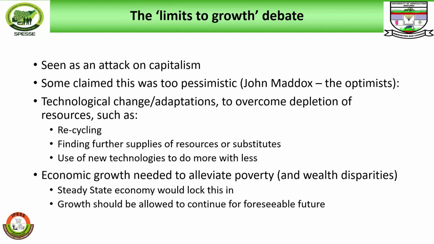People say economic growth is needed to alleviate poverty. So at this point, they're not really interested in what we do to the environment. So countries like China will tell you, look, you had your years of industrialization, you developed your nations. Now that is our chance to take hundreds of millions of people out of the poverty you want to limit.